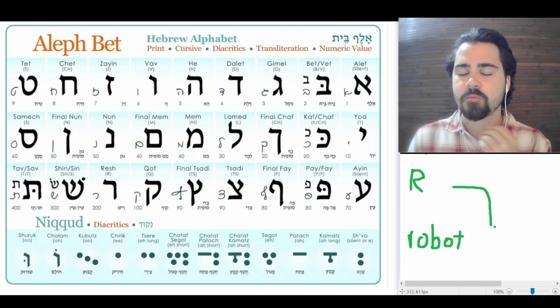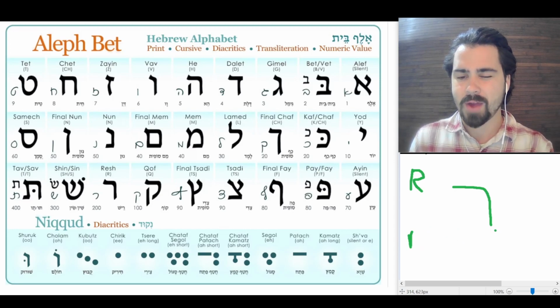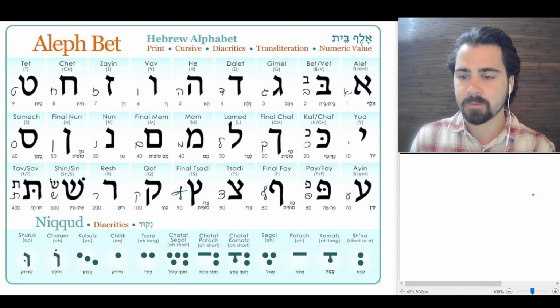Practice it a little bit. Practice saying r, rolling in the back of your throat. All right, practice it a bit. You'll get it. Let's try reading this word.